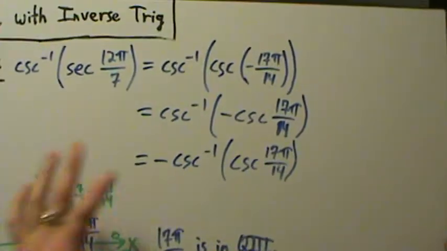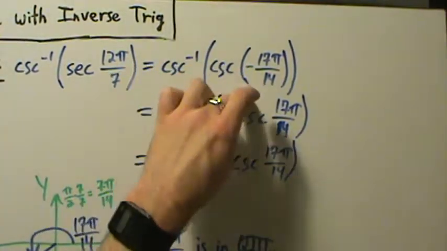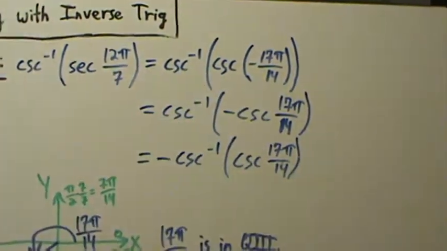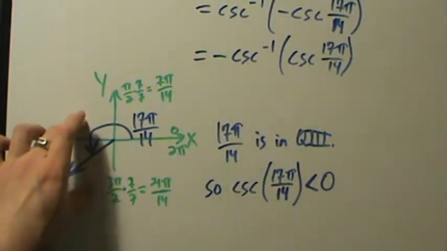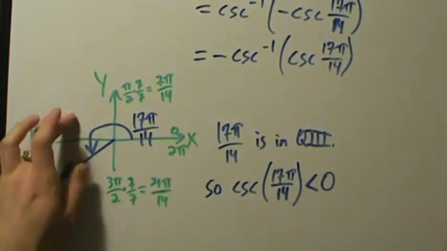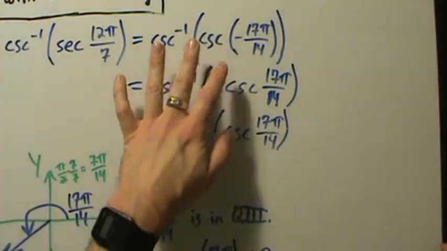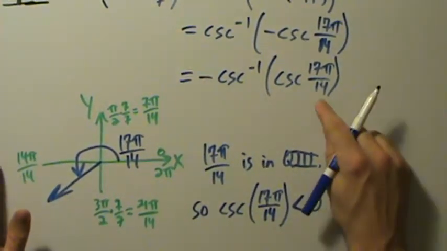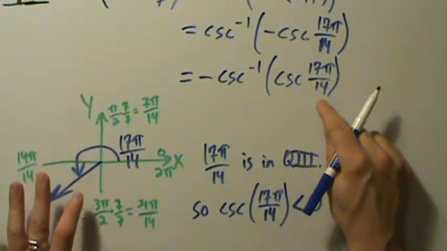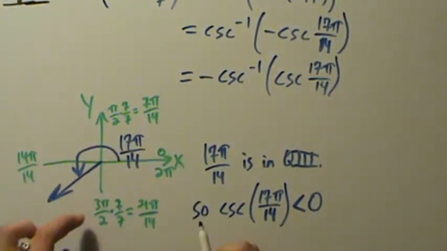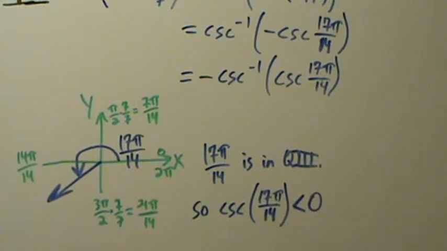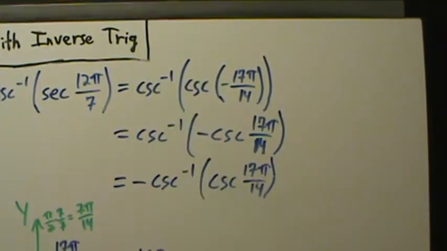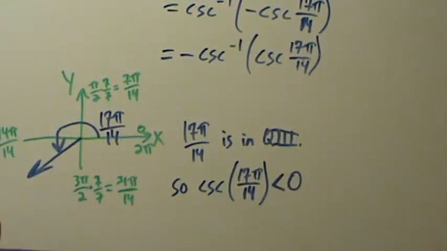So using the odd properties of cosecant and inverse cosecant saved us from having to use coterminal angles. Not that coterminal angles are that bad, but doing this is a little bit simpler than adding 2 pi, going around in a full circle. Okay, so with 17 pi over 14, we didn't have to do that, which is nice. But with negative 17 pi over 14, we would have had to have done that. Which again, wouldn't have been terrible, but using the odd properties is a little bit easier, so that's nice.